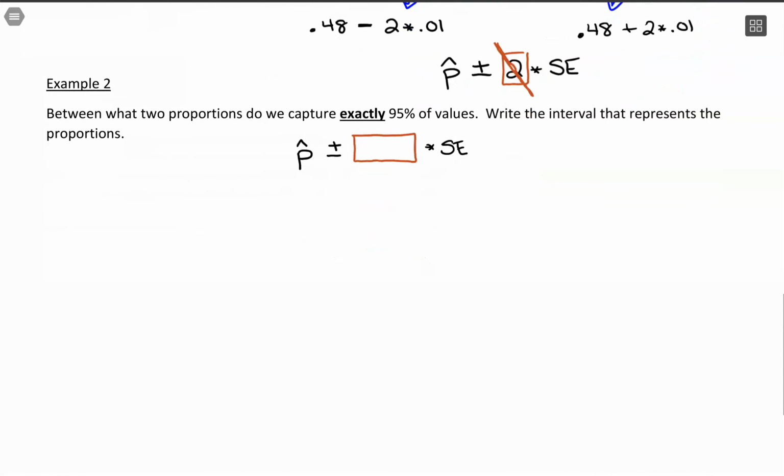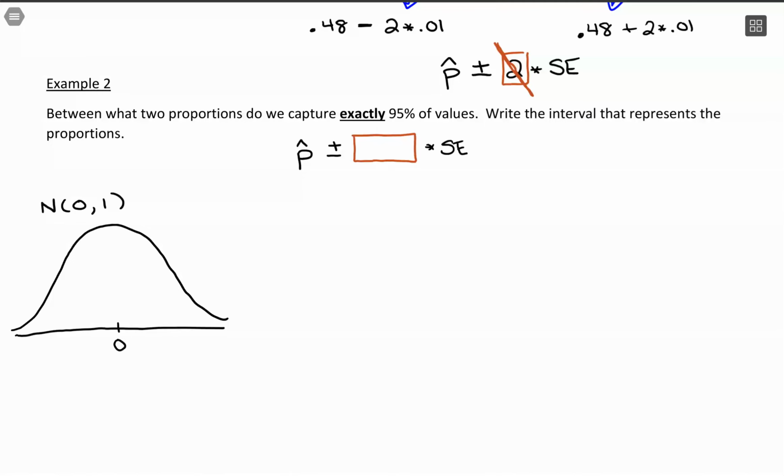To figure out what value goes right there, I need to go to the standard normal curve. So I'm going to go to the curve with the mean of 0 and standard deviation of 1. And with this curve centered at 0, I want to cut it off so that exactly 95% is in between.